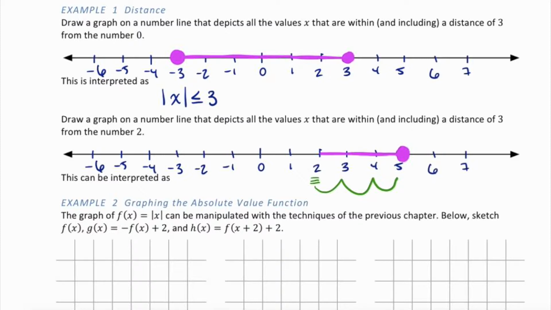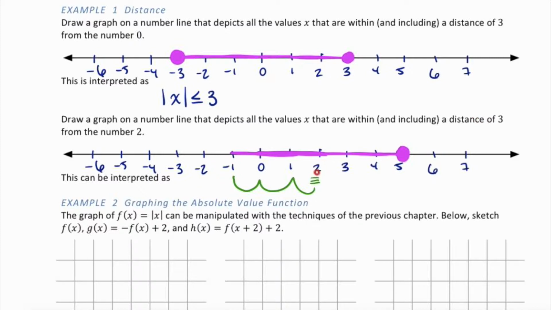Now what about on the left side of the value of 2? Let's go ahead and figure out what numbers are a distance 3 from the left of the value 2. 1, 2, 3. So all of these are included on our graph. And again, this specifies including a distance of 3.